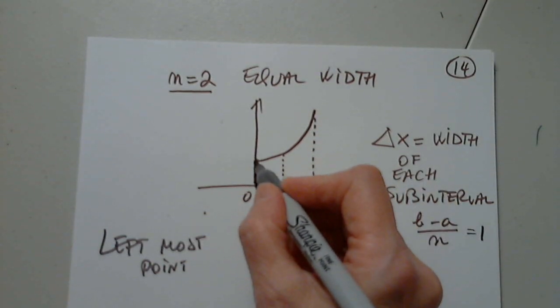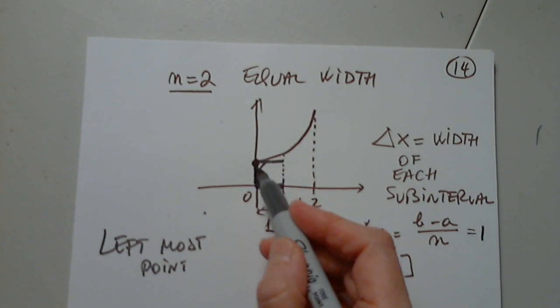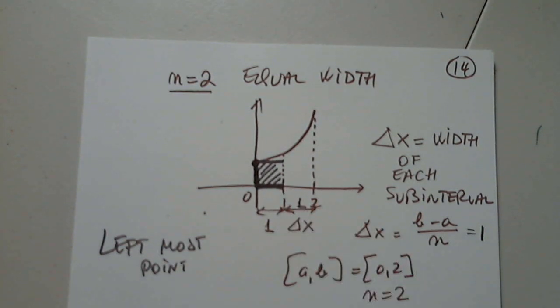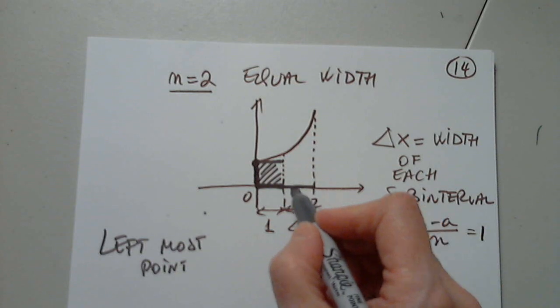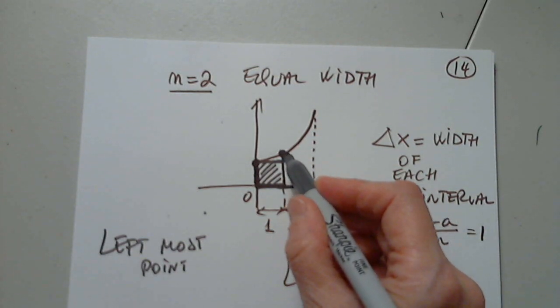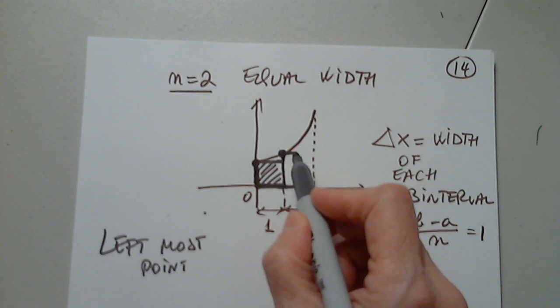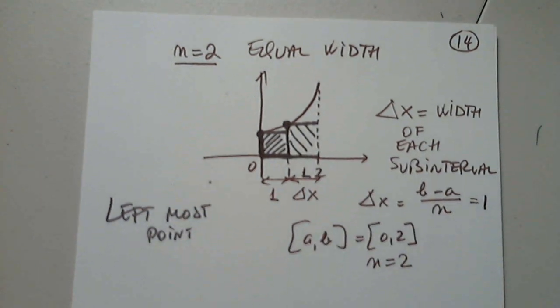The height is where the function is. And then I go across. So I found one rectangle. I need one more because I have 2. Base times height, where the function is, and go to the right. And this is the other rectangle.